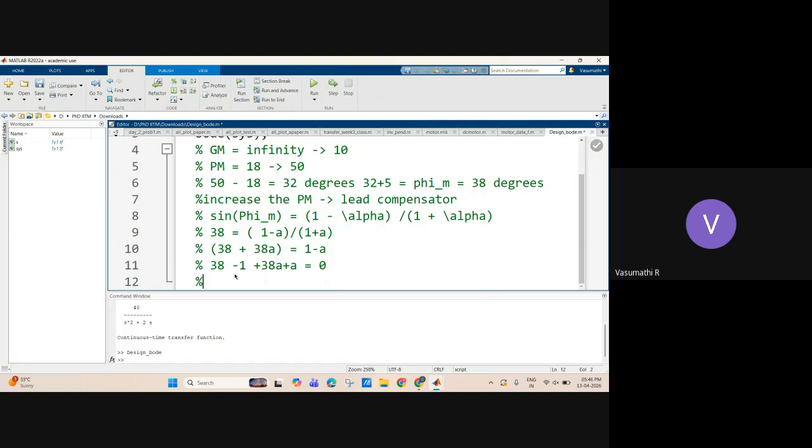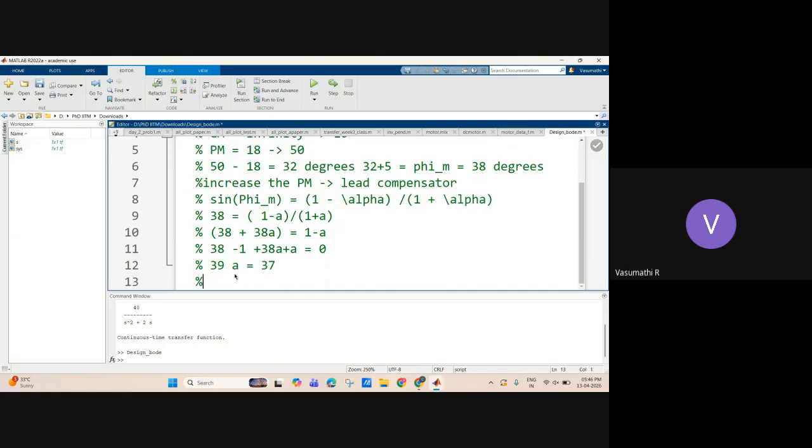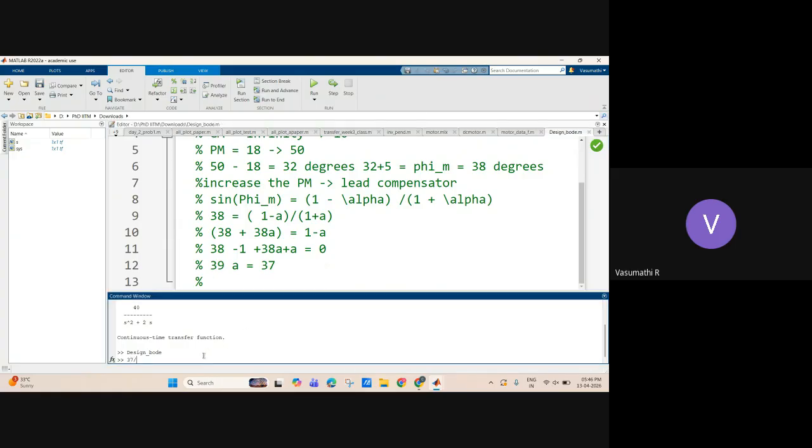Right? So this will be 39A equal to 37. Correct? So my alpha will be around 37 by 39, 0.94. How come? 1 minus A by 1 plus A. Okay, 0.94.